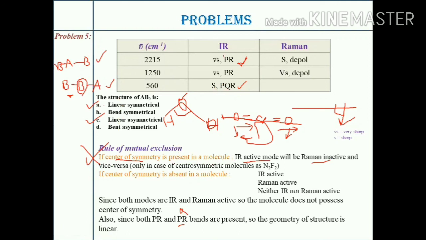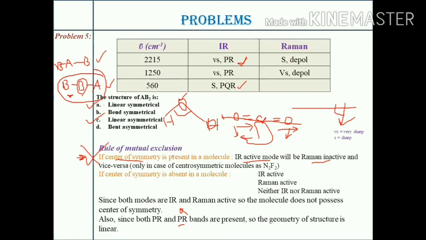Because an IR active mode is there and at the same time a Raman active mode is there. So from the first rule, we came to the conclusion that the molecule does not have a center of symmetry. Now, out of these two states in which the molecule can exist, which is the one not possessing the center of symmetry? Definitely the second one.